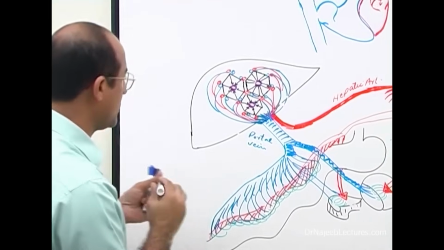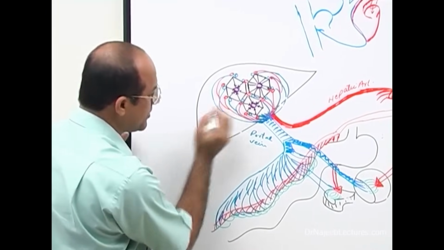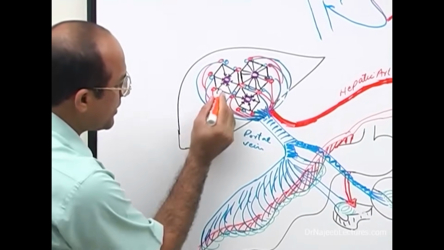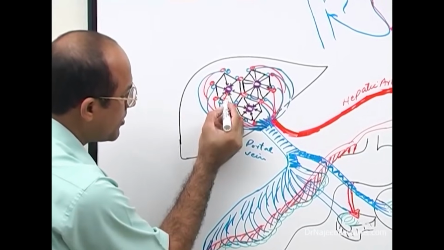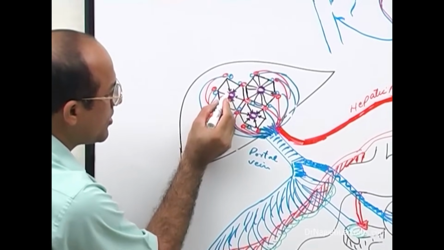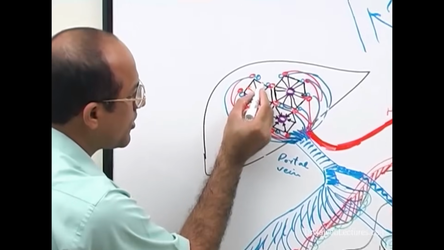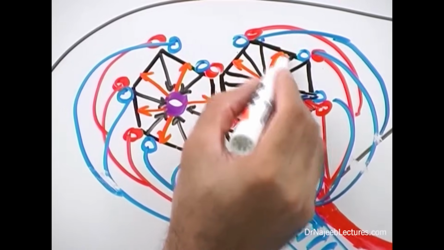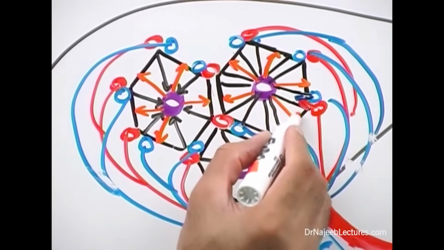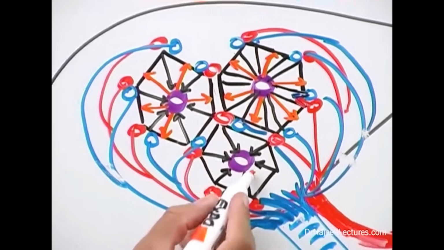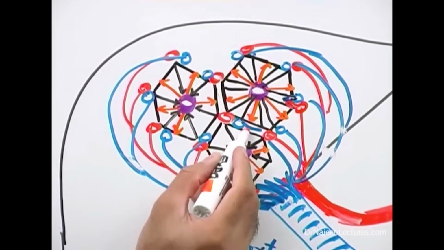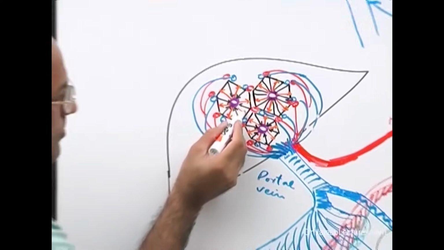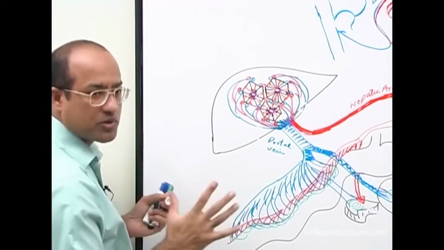And of course, you should not forget to mention what is moving from the center to the periphery? Yes, bile. And in the same direction, what is moving? Lymph. No problem up to this.